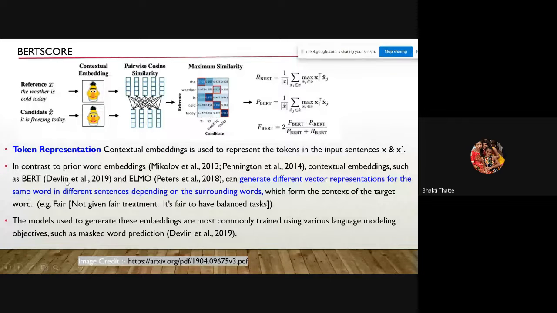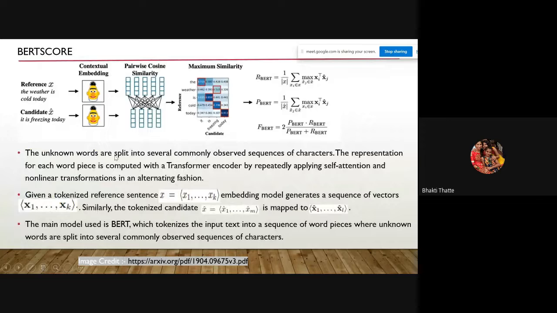Then unknown words are split into several commonly observed sequences of characters. The representation of each word is computed with a transformer encoder by repeatedly applying self-attention and non-linear transformation in an alternating fashion.